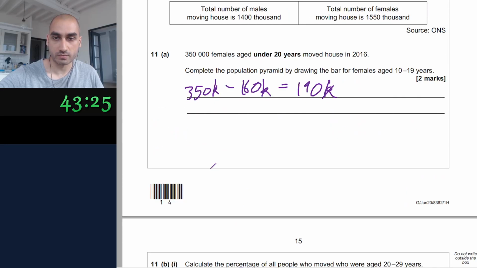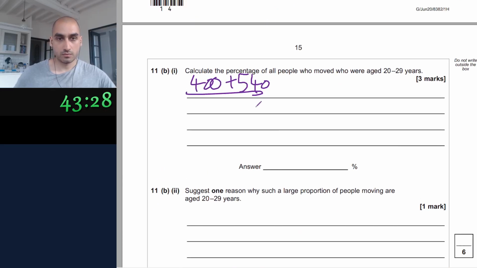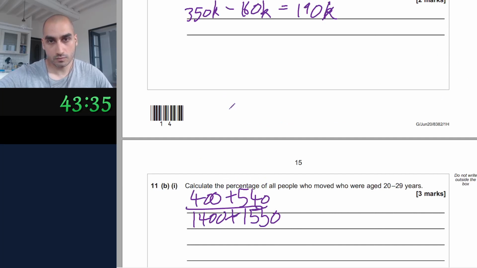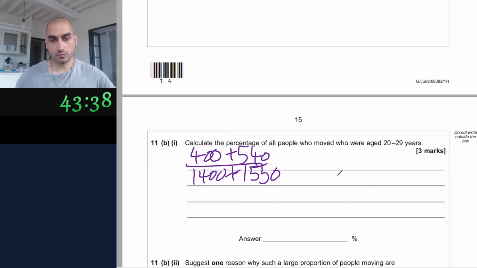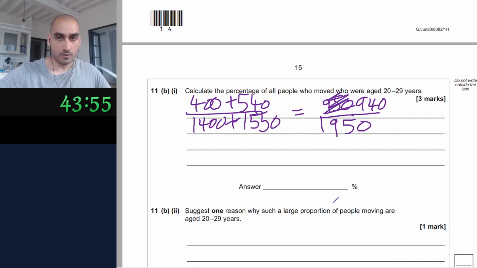So it would be 1,400 plus 1,550. So we've got 940 out of 2,950. 48.2%.